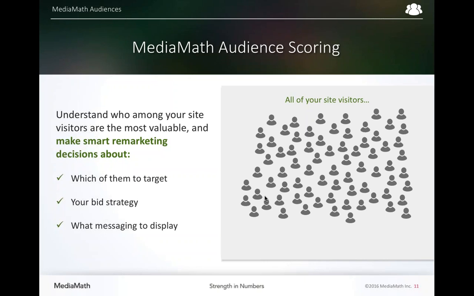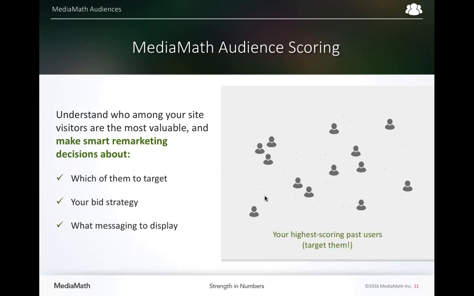So you can use our scoring product to say, okay, here's the universe of site visitors that an advertiser has coming to their site. But let's look at all of the activity of those site visitors. What are they browsing? What are they buying? What are their interests? What are their demographics? And let's score them against their best customers. And out will come a subset of all site visitors that are most likely to respond.